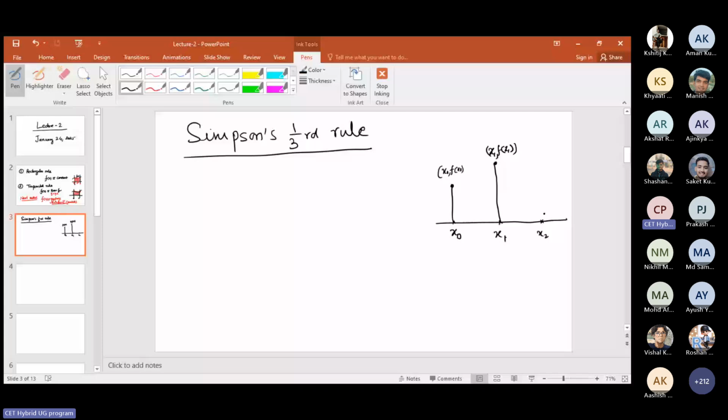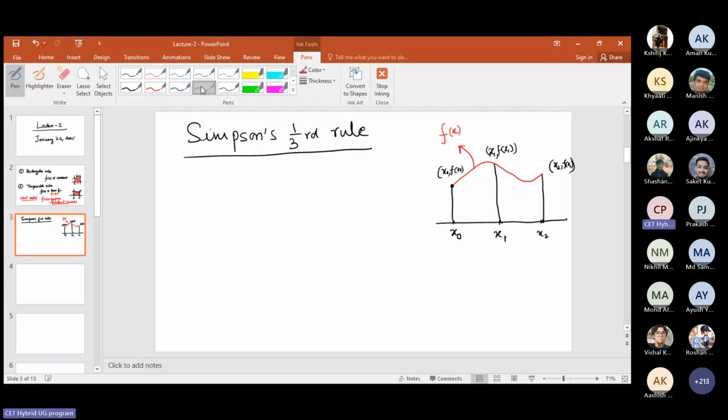And similarly, the coordinate of this third point will be (x2, f(x2)). So these are the points. Now suppose the function curve which is passing through these points is like this. So this is our f(x).